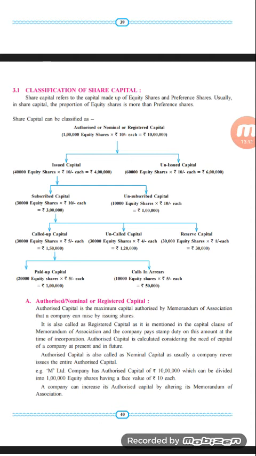So on 20,000 equity shares of rupees 5, the company has collected rupees 1 lakh, whereas on 10,000 shares at rupees 5 each, 50,000 the company has still not got.